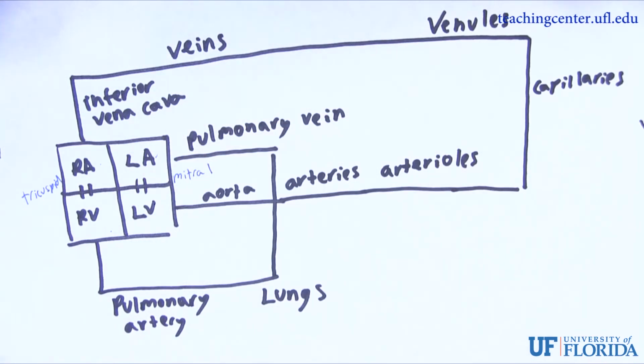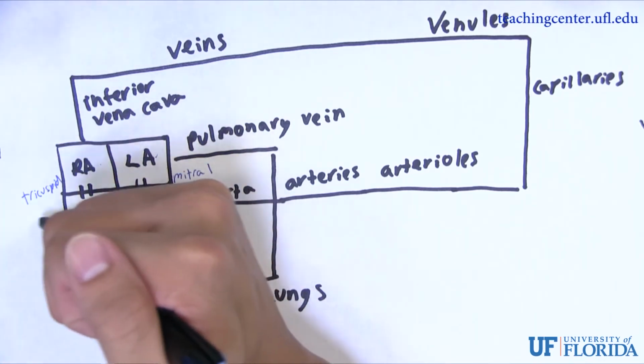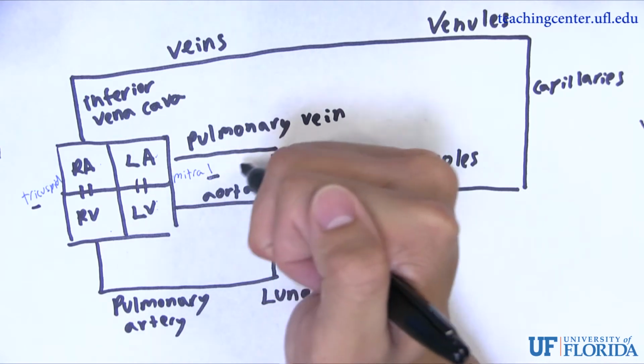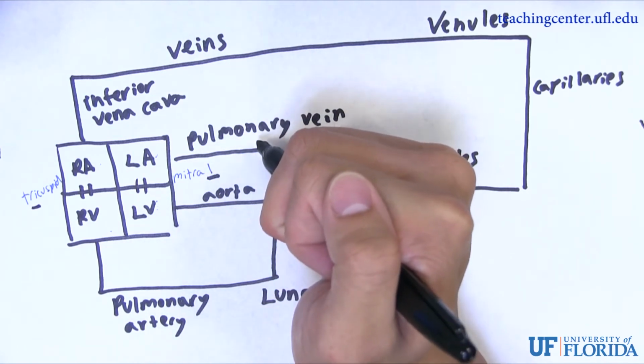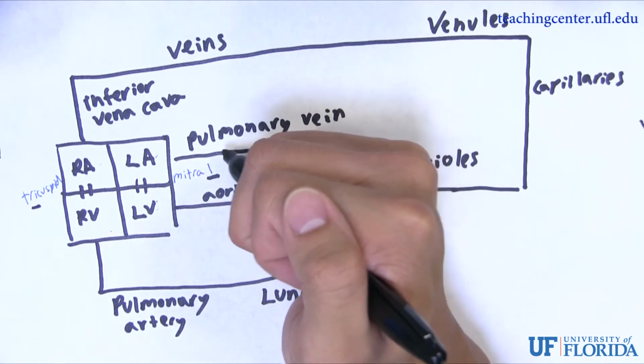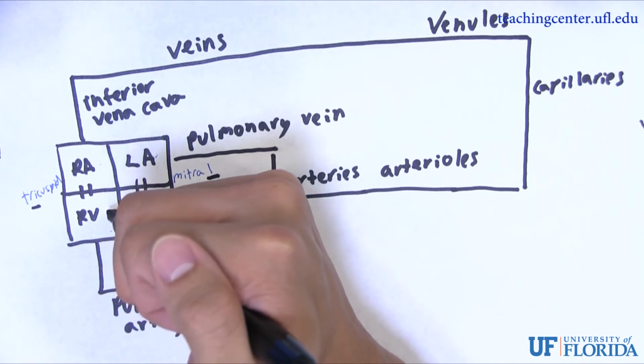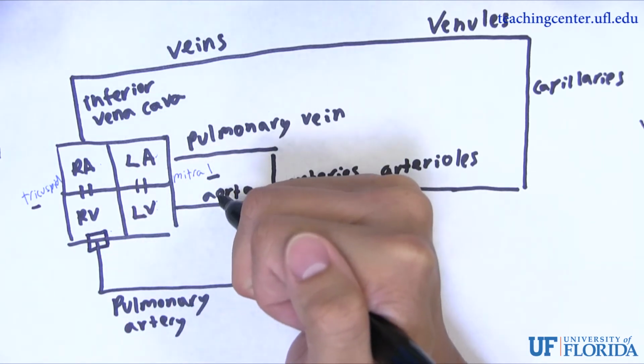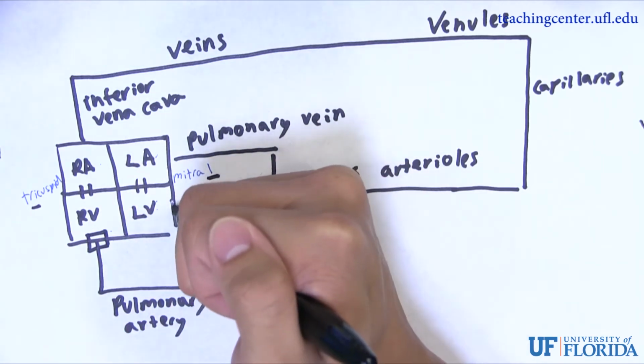To distinguish the two, I like to remember the R in tricuspid helps me remember it's on the right side, while the L in mitral helps me remember it's on the left side. The pulmonary semilunar valve connects the right ventricle to the pulmonary artery, while the aortic semilunar valve connects the left ventricle to the aorta.